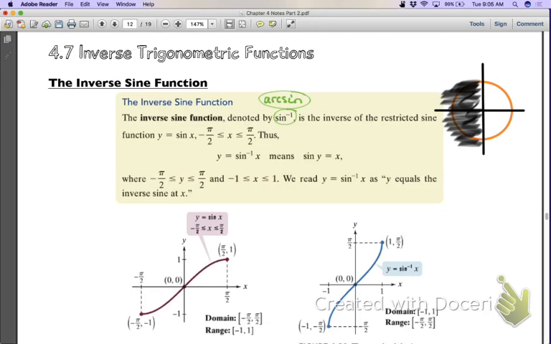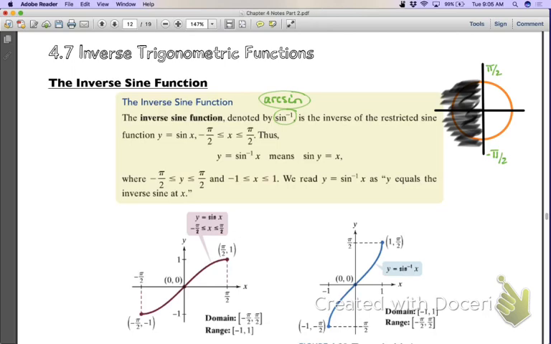You're only going from pi/2 to -pi/2. That's going to be the same case for sine and tangent, but it's not going to be the case for cosine. So for sine and tangent, we're just going to look at the right side of our unit circle, from top to bottom, and everything in between.